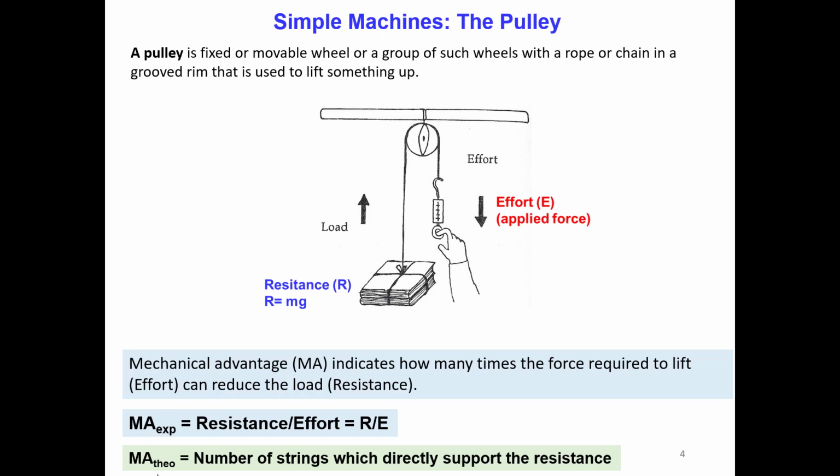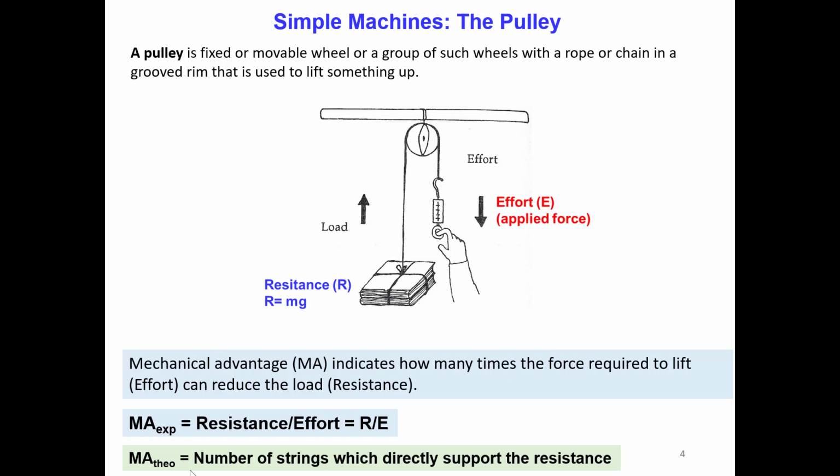But we can also know the mechanical advantage if we know the number of strings which directly support the resistance. And when we calculate the mechanical advantage using this concept, we say this is the theoretical mechanical advantage.